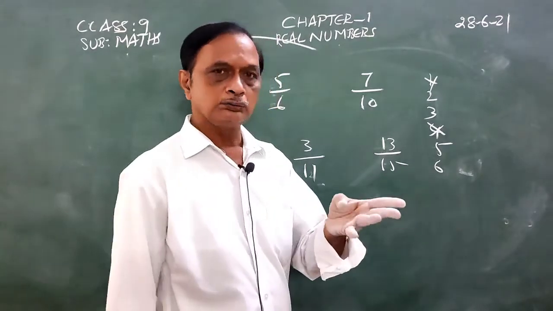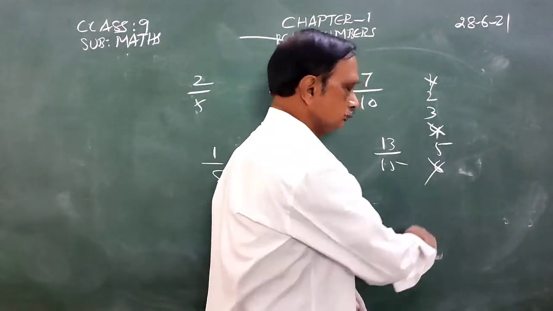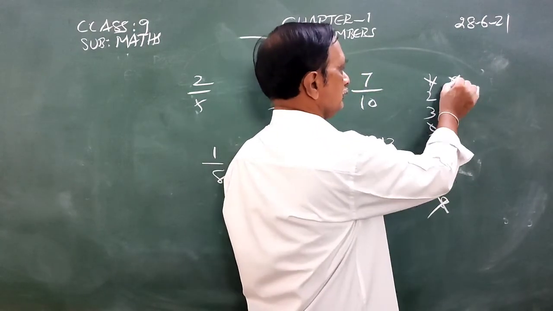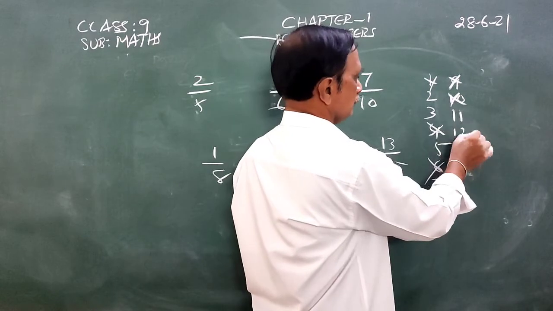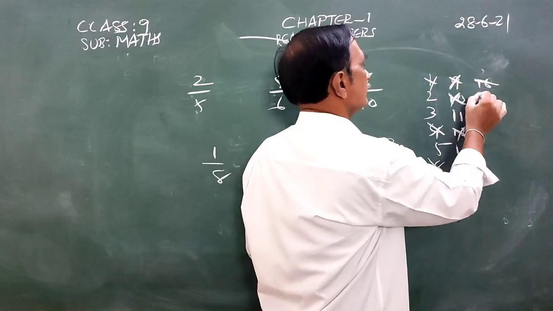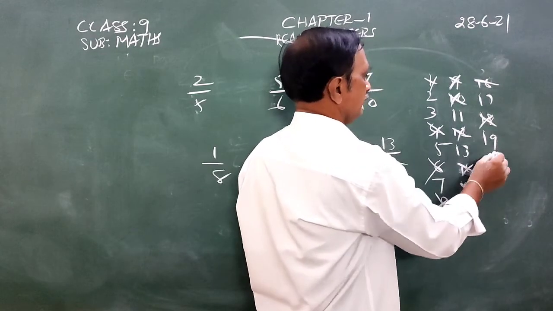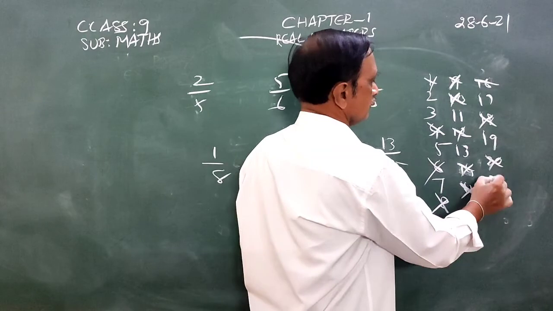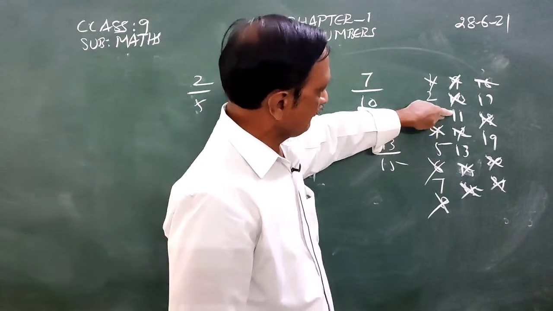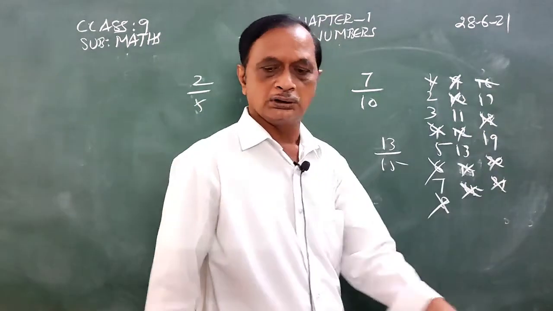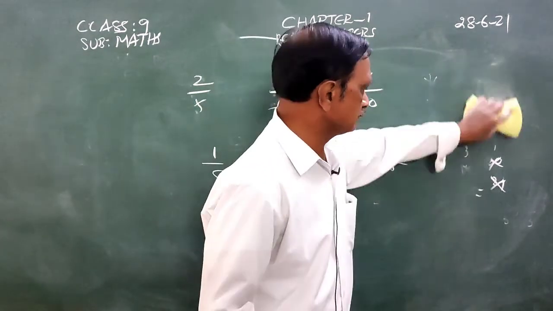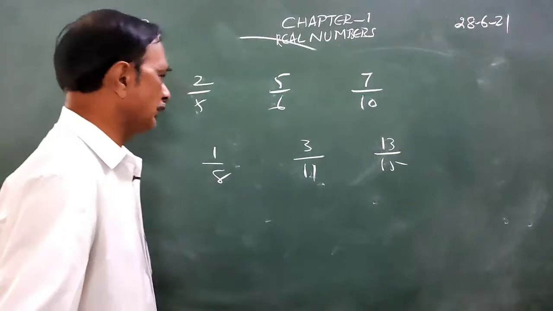It is divisible by 1, 2, 3, 6, not a prime. 7, prime. 8, not a prime. 9, not a prime. 10, 11, 12, 13, 14, 15, 16, 17, 18, 19, 20, 21 and so on. So all these numbers 2, 3, 5, 7, 11, 13, 17, 19 and so on are called prime numbers because they have only 2 factors. Each of them has only 2 factors.